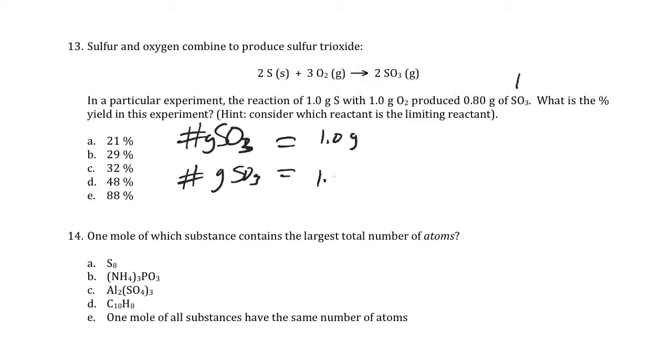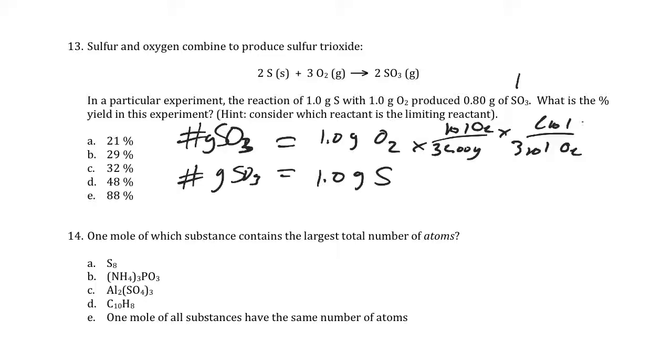We just take each of our reactants. So O2 is 32.00 grams per mole O2. For every 3 moles of O2 that react, we produce 2 moles of SO3, and then 1 mole of SO3 contains a molar mass of 32.06 plus 16 times 3, that's 80.06.